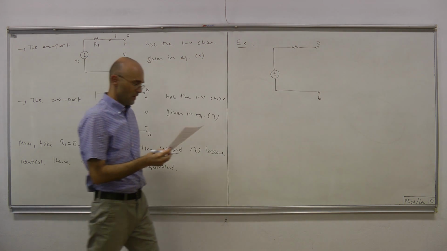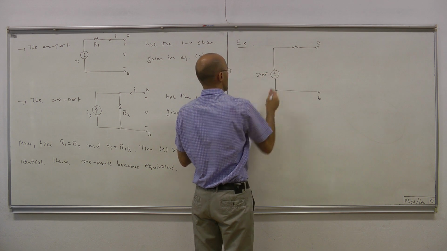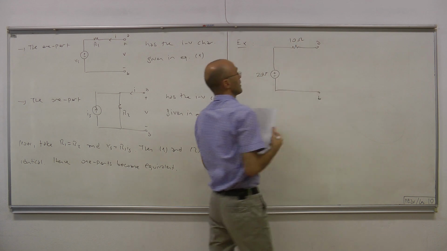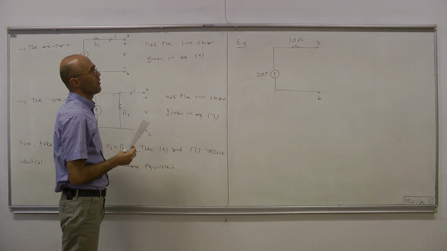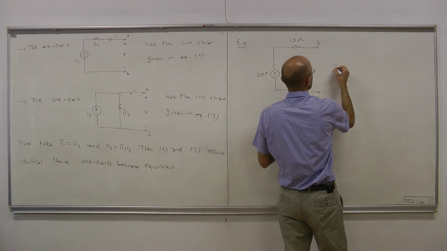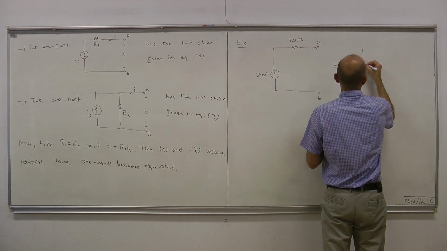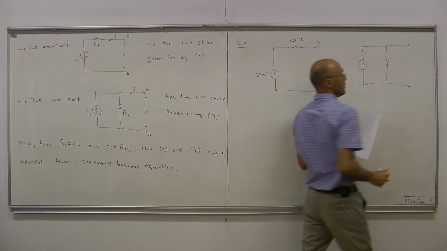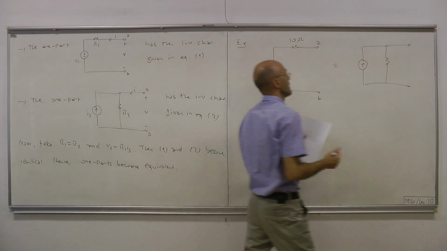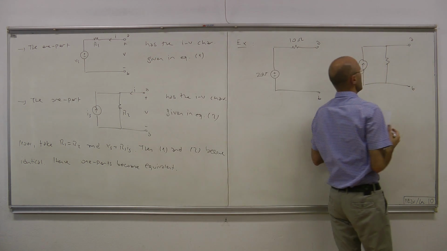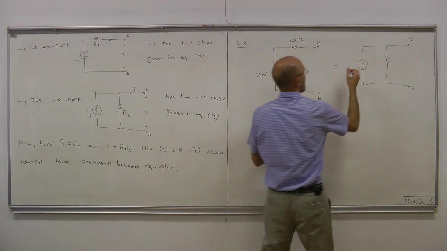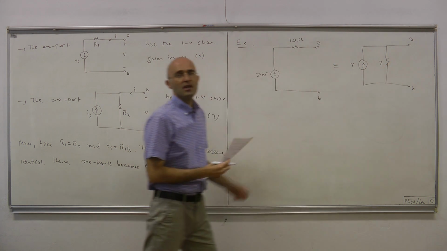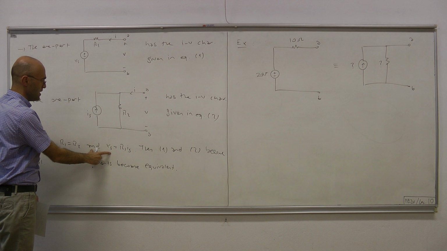The numerical example is as follows. Suppose this is our one port with a constant voltage source, a battery, connected in series with an LTI resistor with resistance 10 ohms. And then we want to represent this with a current source connected in parallel with an LTI resistor. The question is, how should we pick the current of the current source and the resistance of the LTI resistor? Here is the answer.